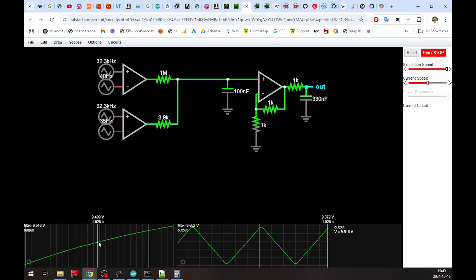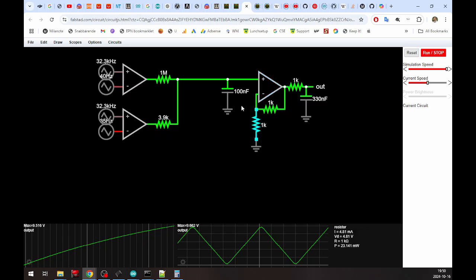There is just 0.001 volt slowly moving up here. So we have the first filter here, and then we buffer the signal, or actually we amplify it.